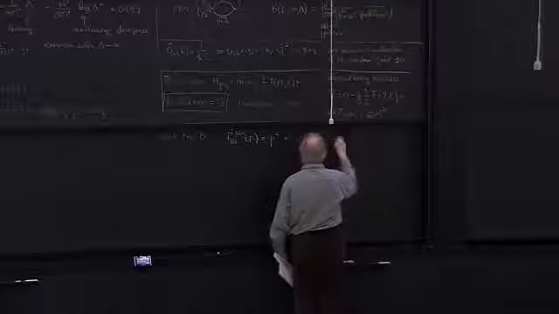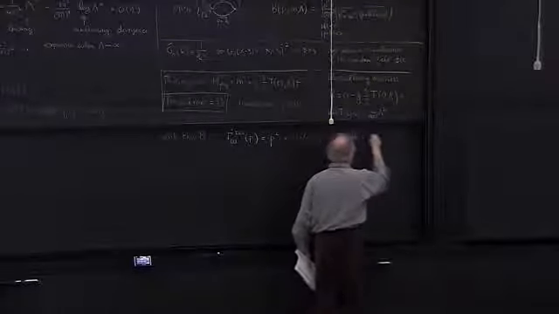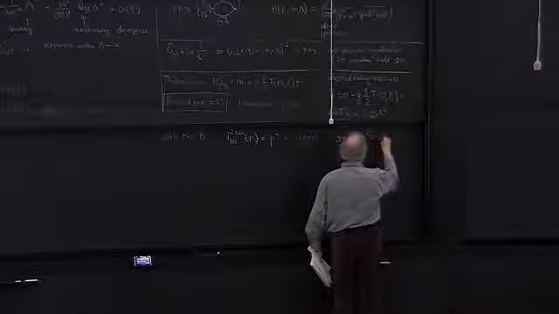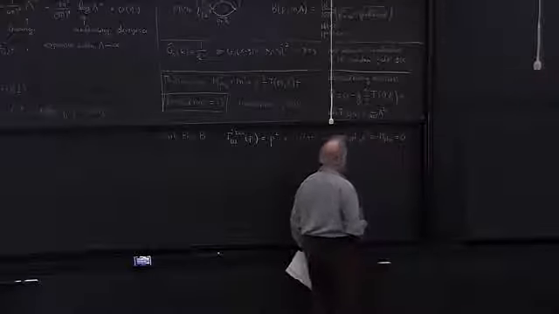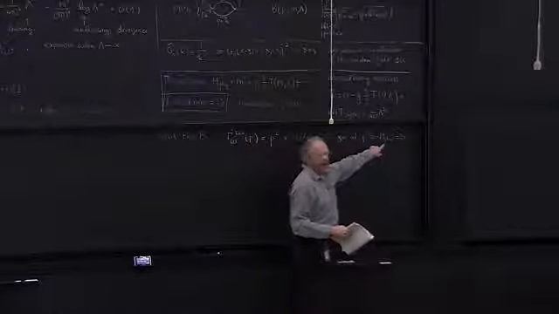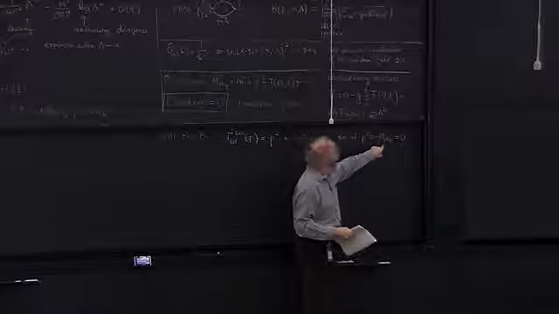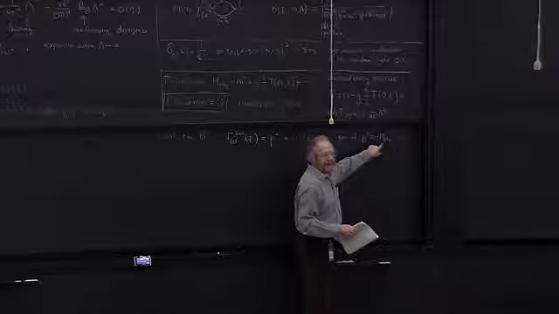So it has a 0 at p squared equal minus m physical squared, which is 0. So the 0 of this function, by the Källén-Lehmann representation theorem, gives you the physical mass of the theory.